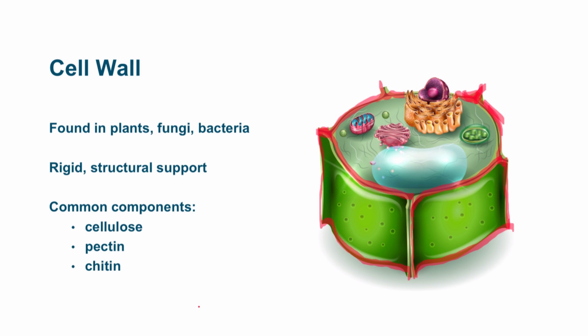This is what allows plants, some trees are hundreds of feet tall, to get that tall, because of the structural support provided by the cell wall. It's made of different things depending on the organism. In most plants it's made of cellulose. Pectin is also used, and fungi actually have cell walls made of chitin, which is interesting because it's the same carbohydrate that the exoskeleton, or outer skeleton, of insect bodies is made of.